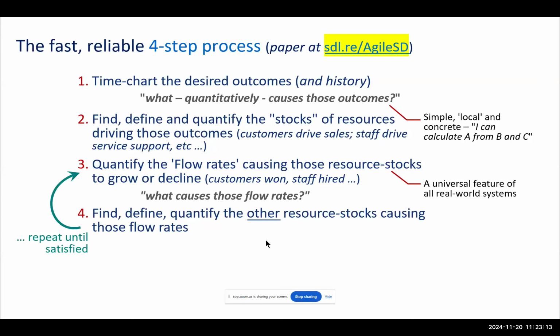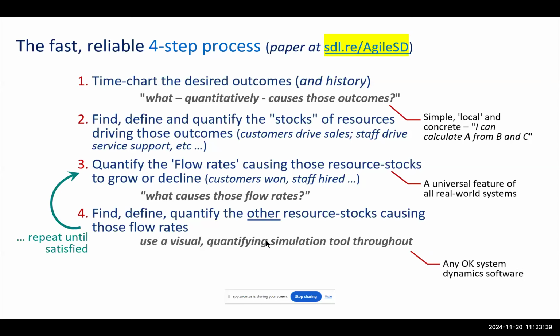So what we've got to go do next is go back round step 3 and 4, which is to identify the flow rates and ask what causes those. You rarely have to go around that loop more than 2 or 3 times before you've got a satisfactory explanation for why the situation is behaving as it is and where it will likely go into the future.